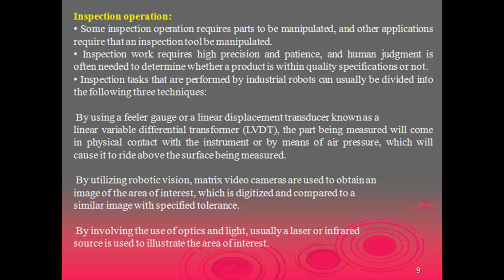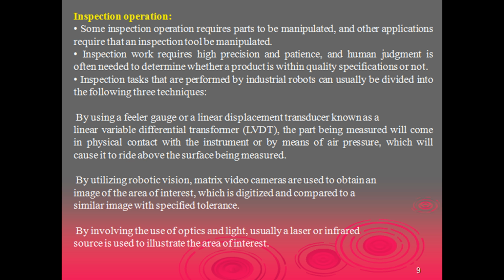First, by using a feeler gauge or a linear displacement transducer known as a linear variable differential transformer, the part being measured will come in physical contact with the instrument or by means of air pressure which will cause it to ride above the surface being measured.